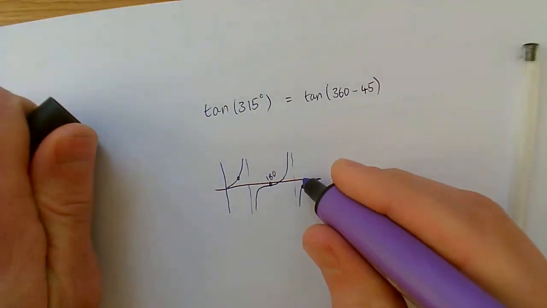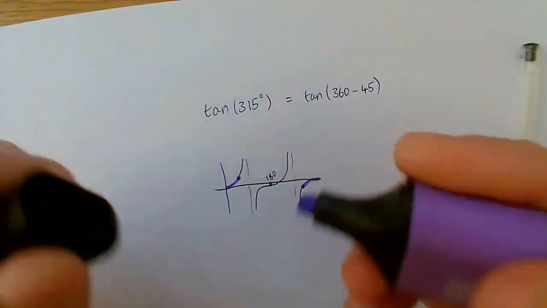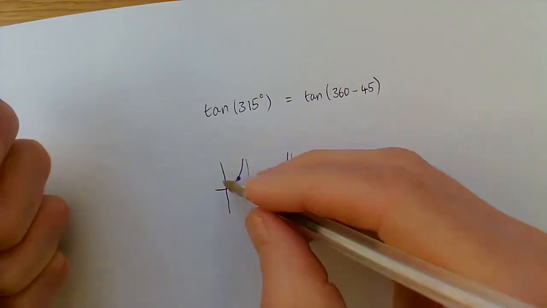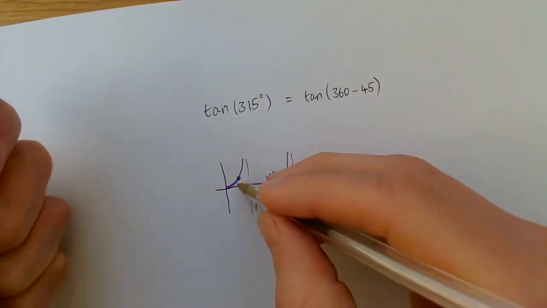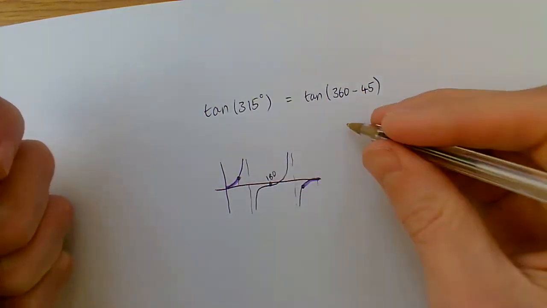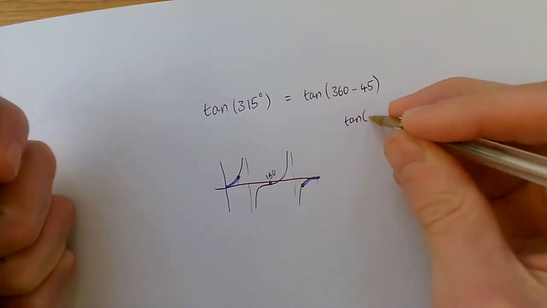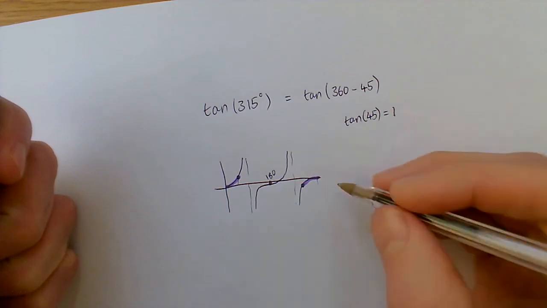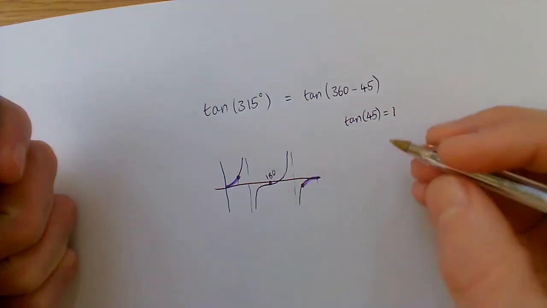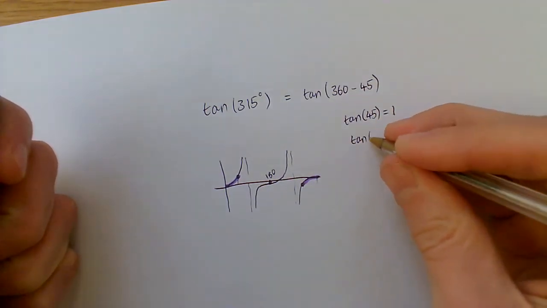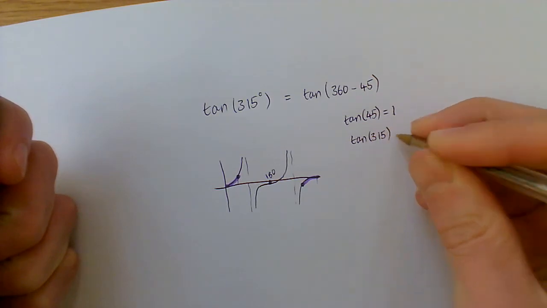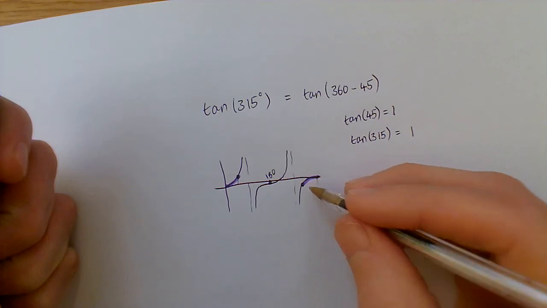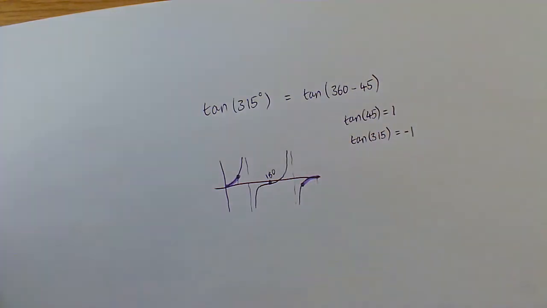So if I am coming back by the same distance I went along there, then I'm going to be the same amount below the y-axis there as I was above the y-axis there. So if I can remember what tan 45 is from my table, that's 1. So along here, from my graph, tan of 315 must have value 1, but it's below the axis, so it'll be a -1 that we get.